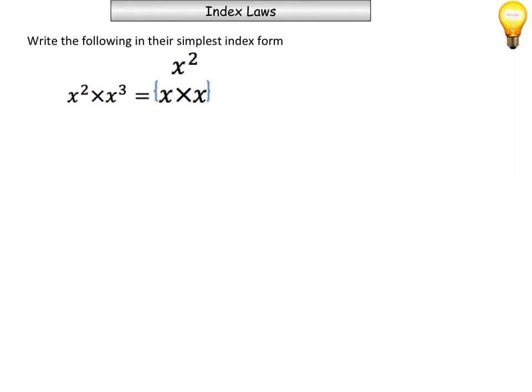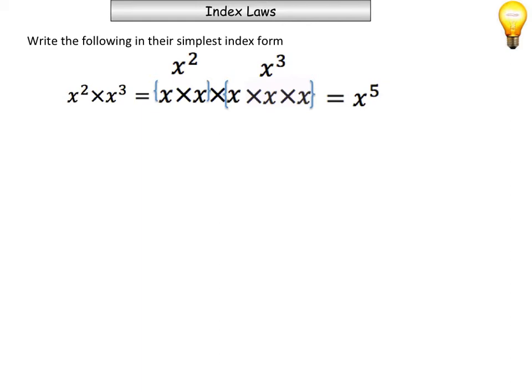So we have x times x, and that's our x squared component of that expression. And we have our x times x times x, which is our x cubed component from over here. So that leaves us with the result of x to the power of 5.